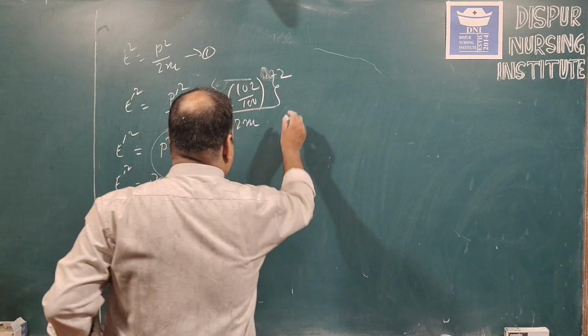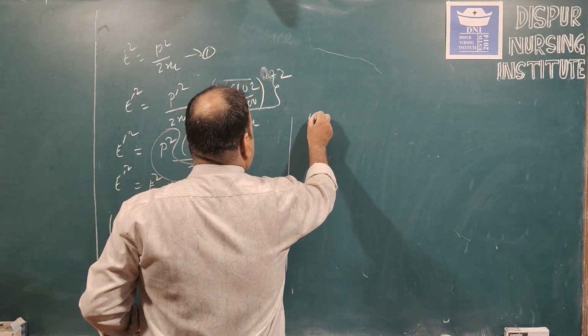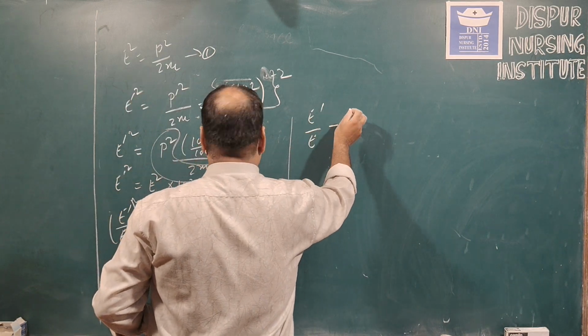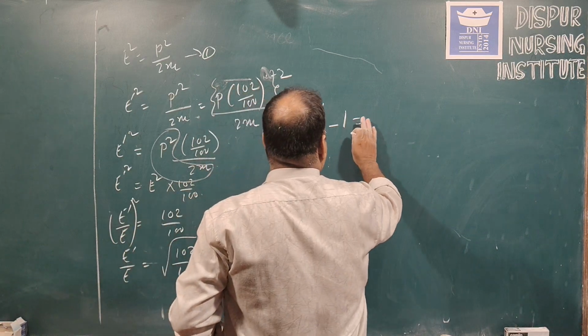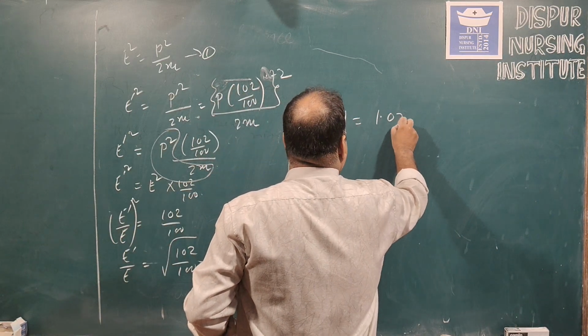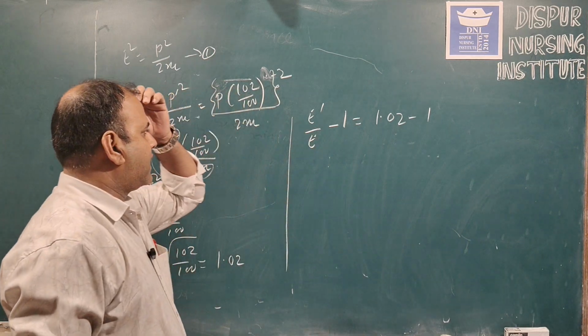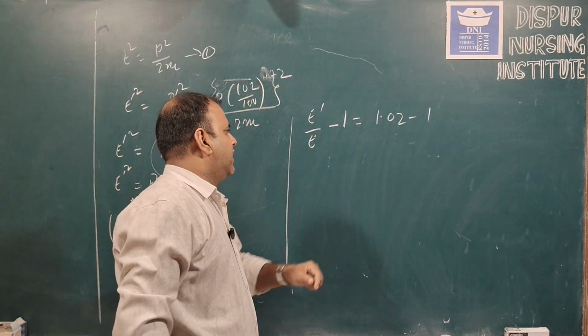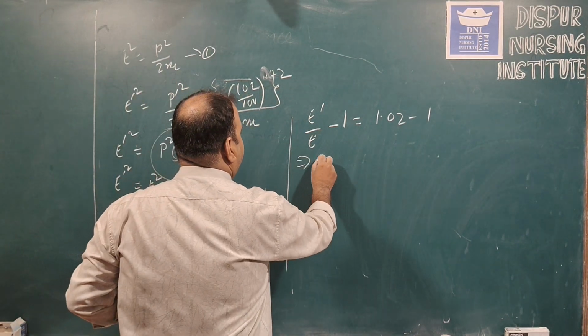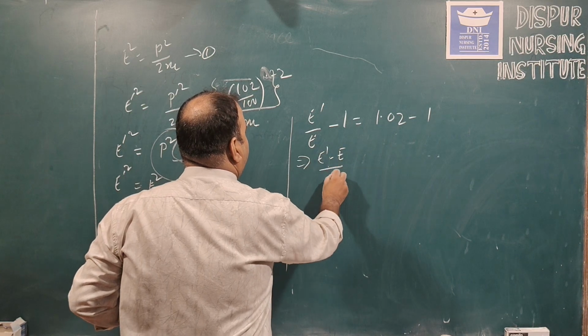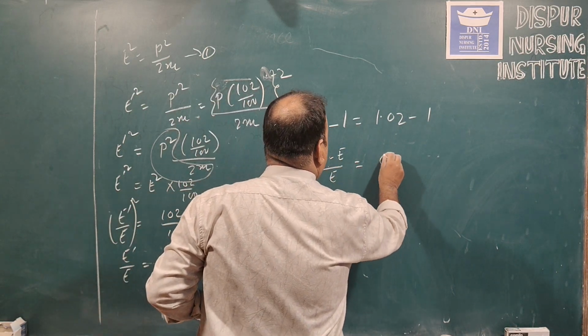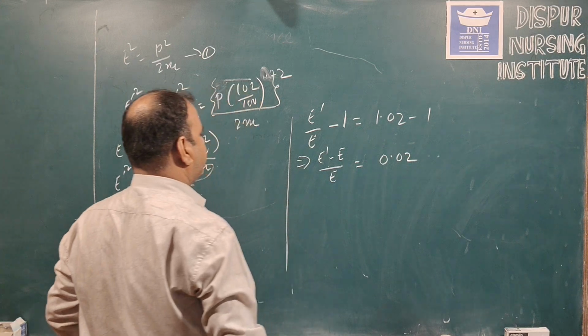So for the percentage increase, you can see here E dash divided by E minus 1 on the left side, and on the right side also you can write 1.02 minus 1. So I consider minus 1 on both sides. So this term can be written as E dash minus E divided by E, and here it will be 0.02.